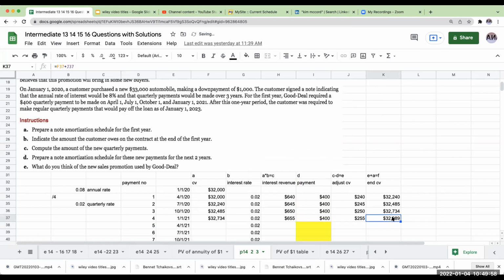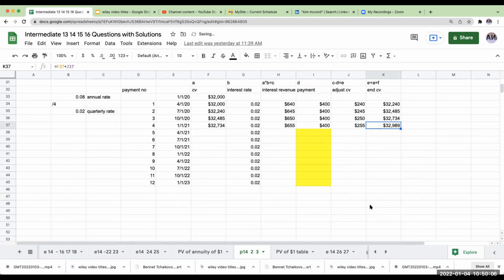So the next thing that we're being asked to do is to compute the amount of the new quarterly payments. Now, for the new quarterly payments, this is kind of like an internal rate of return type of question. What is going to be the present value factor which is going to essentially make this go down to 0?